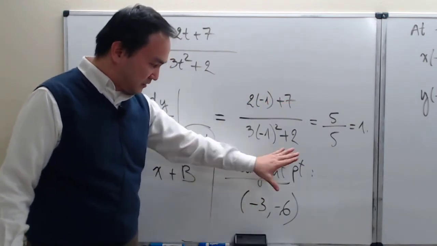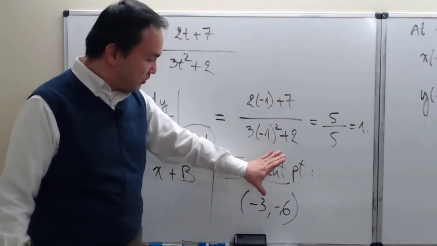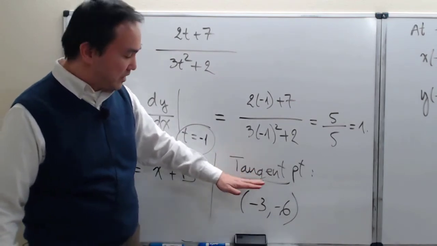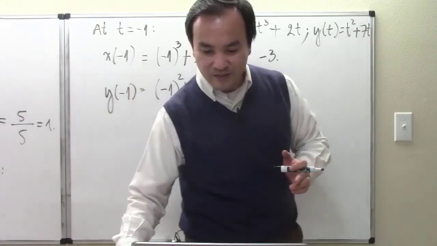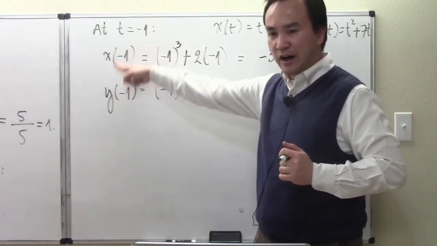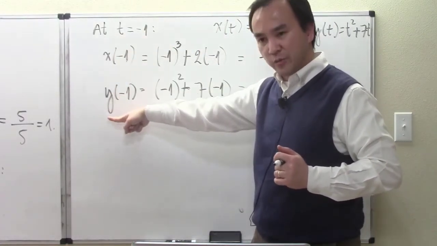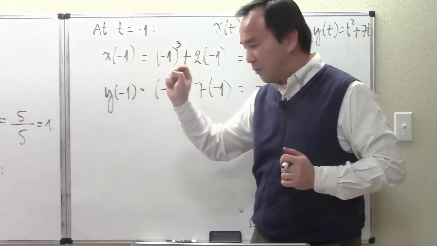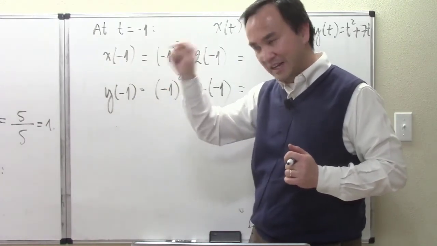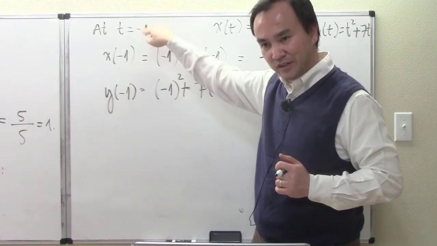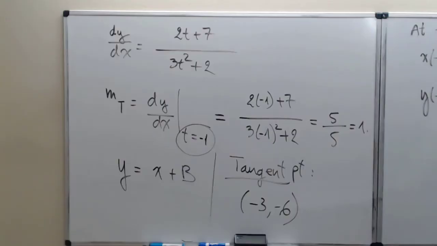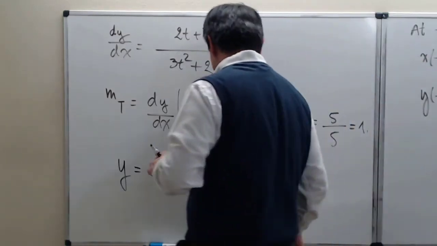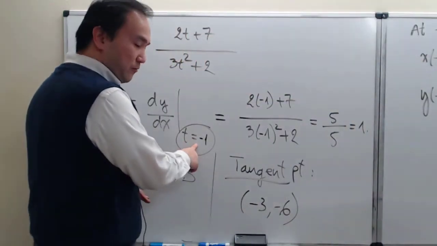And so here we use that point for the purpose of our tangent point, but generally speaking, substituting a value for t into our parametric equations will also give us the position of the points on the curve at that instance, t equals whatever given here.